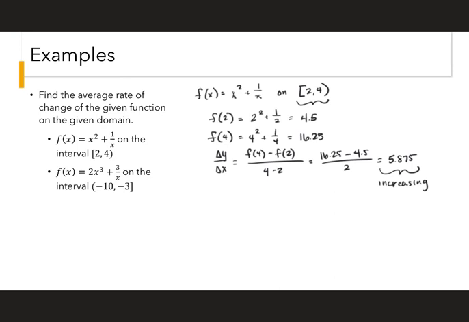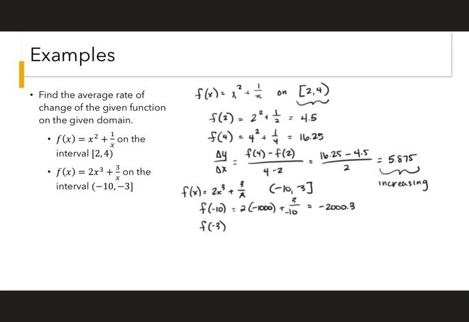Okay. If I take f of x is 2x cubed plus 3 over x on the interval from -10 to -3, then f of -10 is 2 times -1000 plus 3 over -10, which is -2000.3.